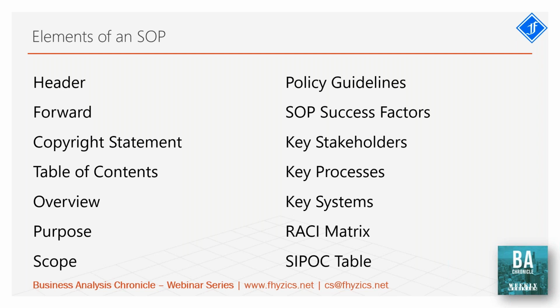Then the SOP success factors. The success factor is, how do you measure the success of this SOP? What does success look like? We will give a greater detail. Then key stakeholders. Who are all the people connected? Typically the procurement head, the various department heads, then your suppliers, or the scrap merchant. Like this you will find so many people. Then key processes. You know these 4 processes.